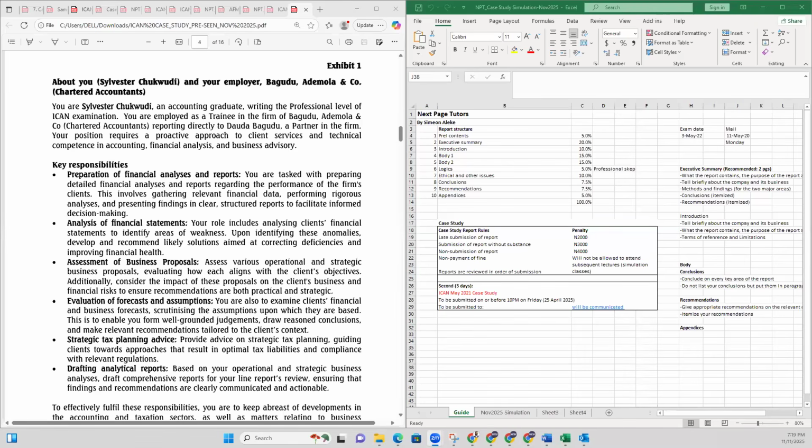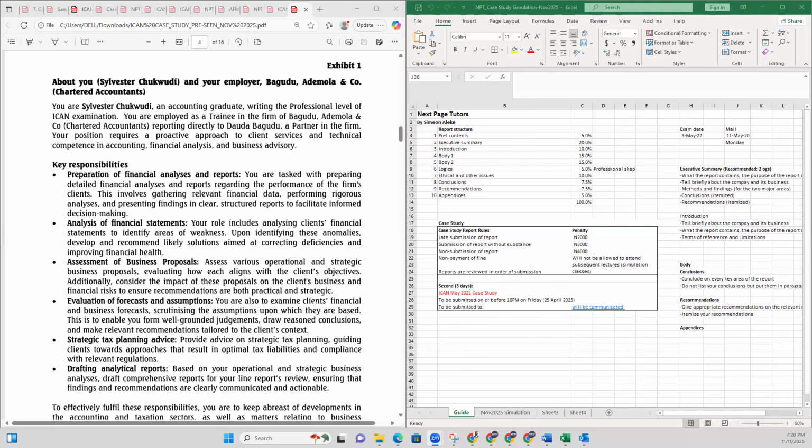You are also to examine clients' financial and business forecasts, scrutinizing the assumptions upon which they are based. This is to enable you form well-grounded judgments, draw reasoned conclusions, and make relevant recommendations tailored to the client's context.